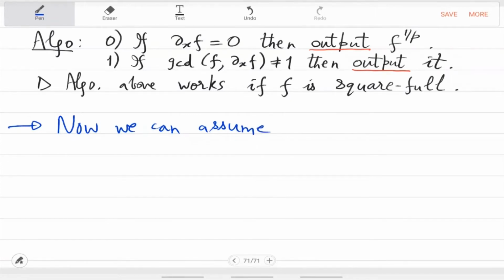So now we can assume that f has co-prime equi-degree factorization.